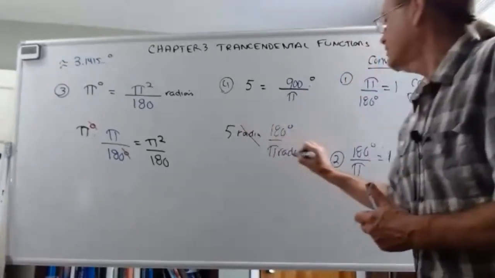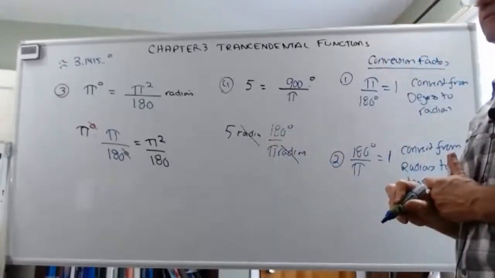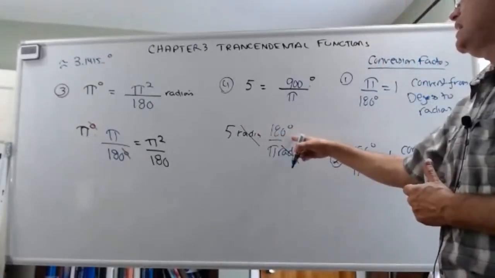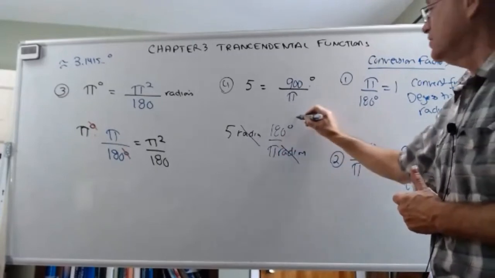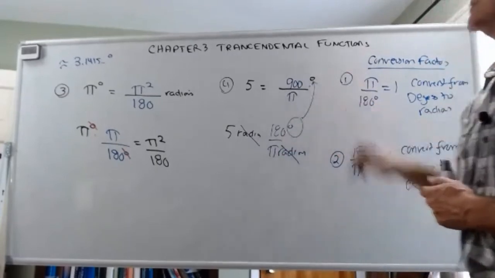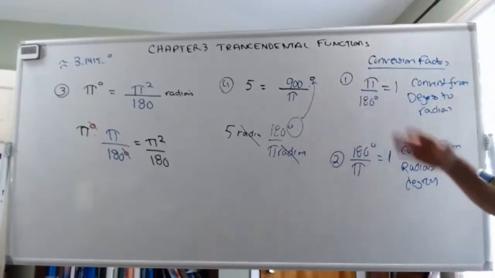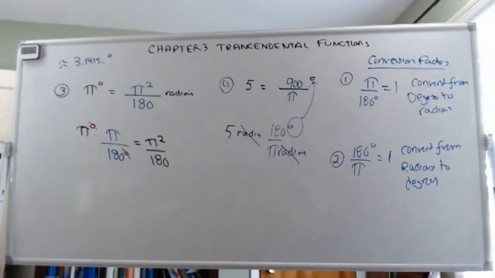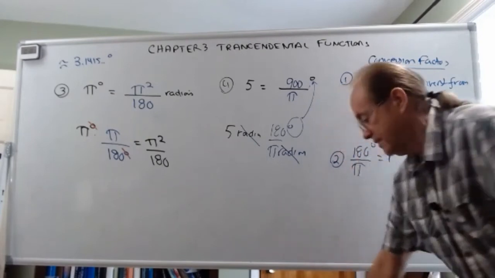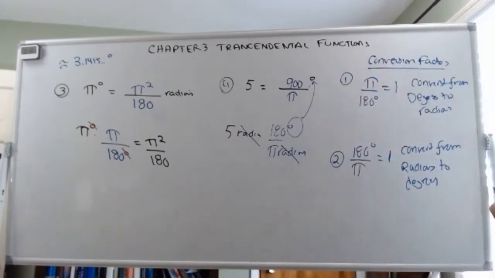What cancels out is the radian measure. And 5 times 180 is 900 over pi, and the units are now degrees. I put that in because a lot of people make mistakes with that. It's confusing. Any questions on that so far? I'll have you work some problems in the homework.